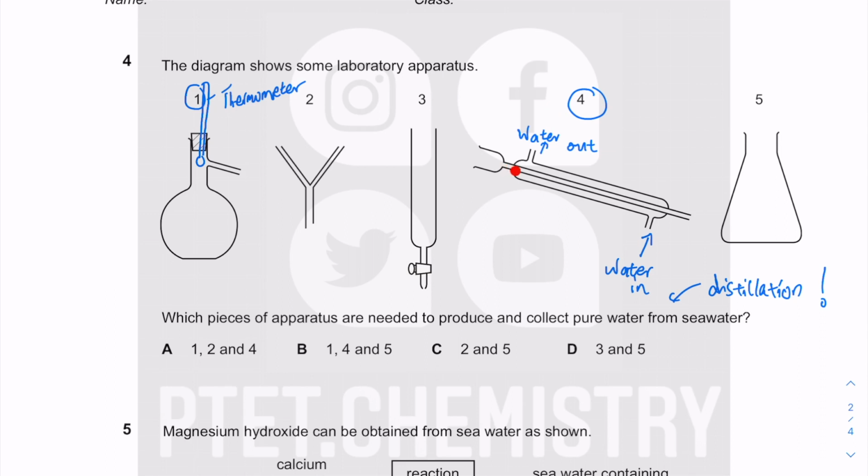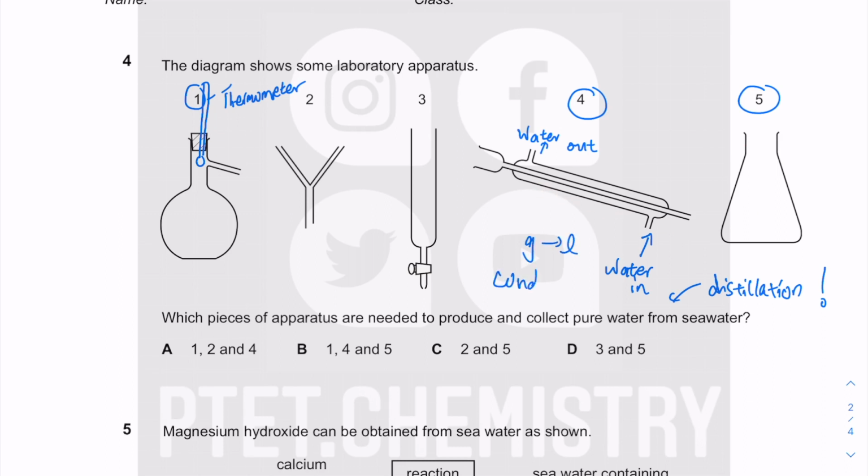This is a two-dimensional diagram for a three-dimensional setup. So the vapor passes through the middle. This is a layer on the outside, like a jacket of water that cools down the vapor, and you will collect the vapor inside an open flask such as this, and it will come out as a liquid because of the gas turning into the liquid.